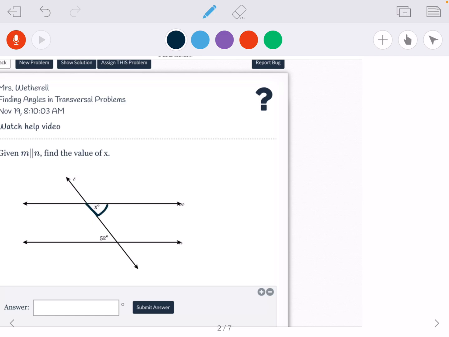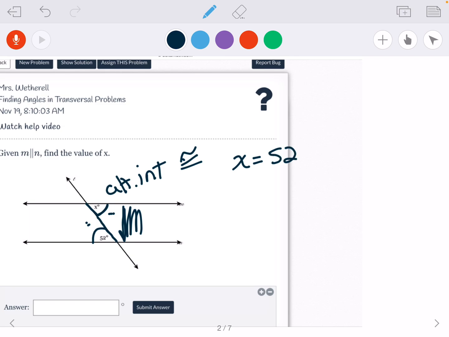X is on the right side of the transversal. 52 is on the left side. They're both in between, so it has to be interior. They're on opposite sides, so it's alternate interior. Alternate interior angles are congruent. They're one of the 4, so you set them equal to each other. So X equals 52 degrees.